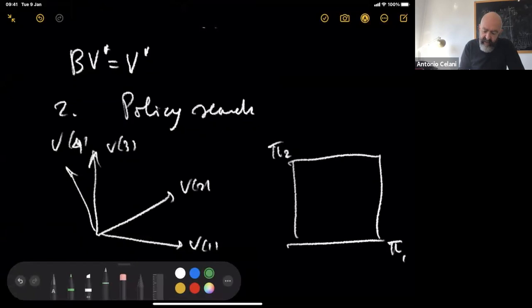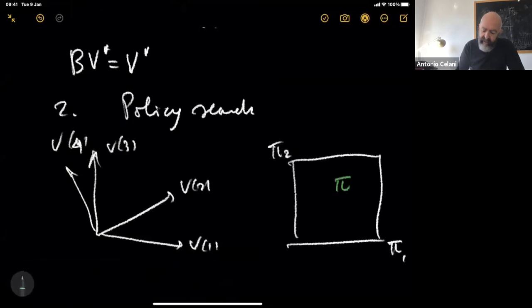The idea is that you start with the policy pi 0, and you use this to compute a value V0.